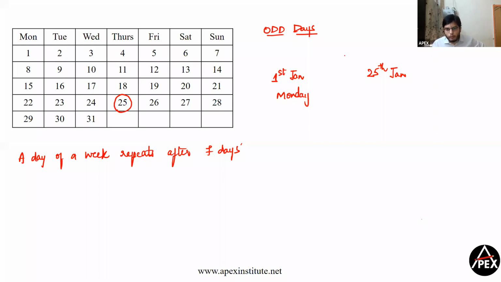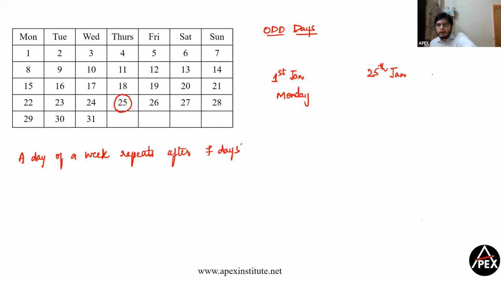So to what should you take the remainder when divided by 7? 25 by 7? 25 by 7 remainder is 4, then 4 corresponds to Thursday. No, it's not like that.